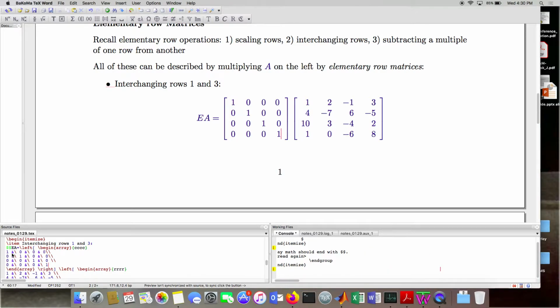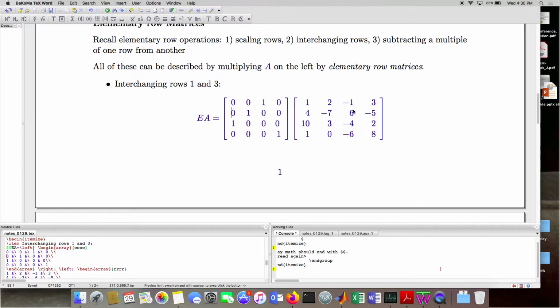Okay, so what I will do, and really the elementary row matrix, what you do is you take the identity matrix that I've typed out here, and you perform a row operation on it. So I'm going to swap the first and third rows of this matrix. Okay, so this is identity with rows 1 and 3 swapped.